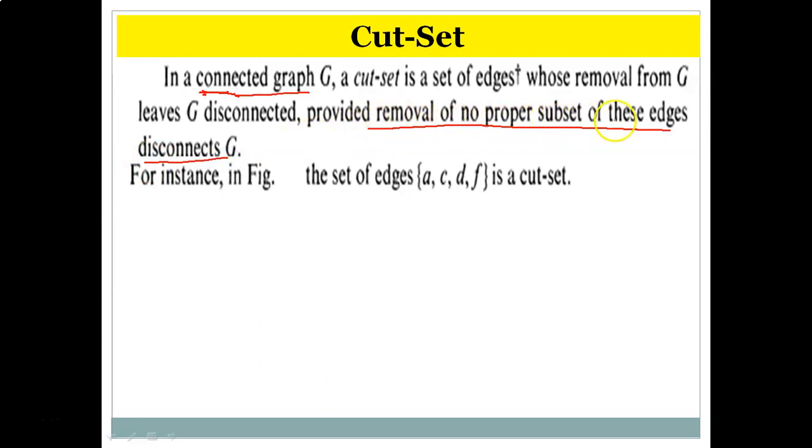The removal of no proper subset of these edges disconnects G.